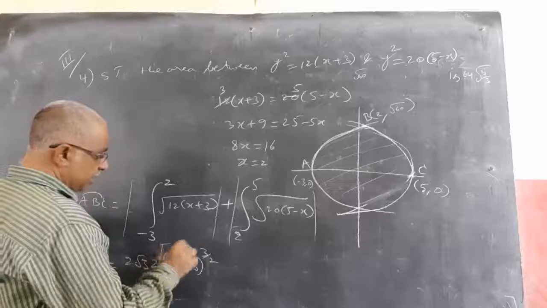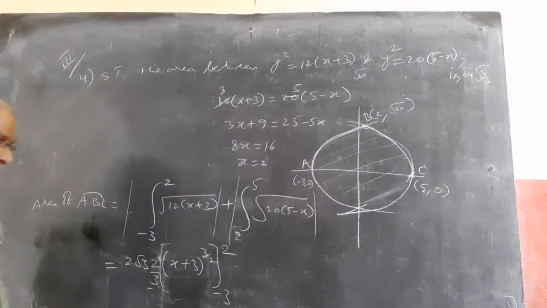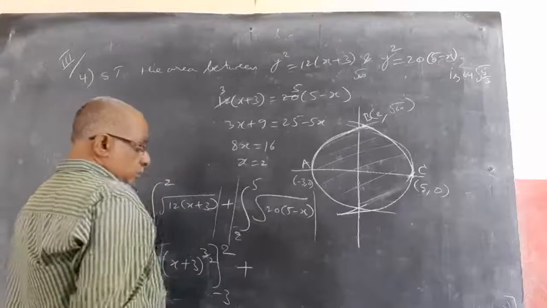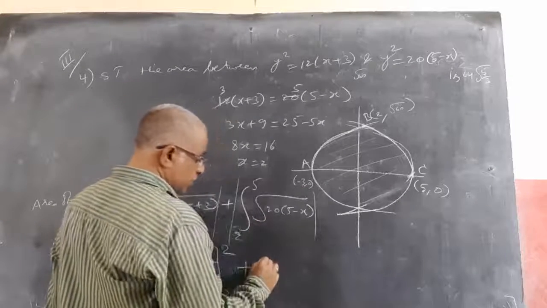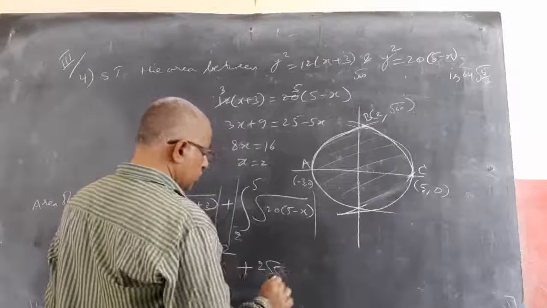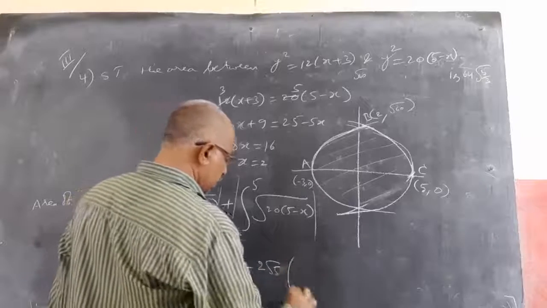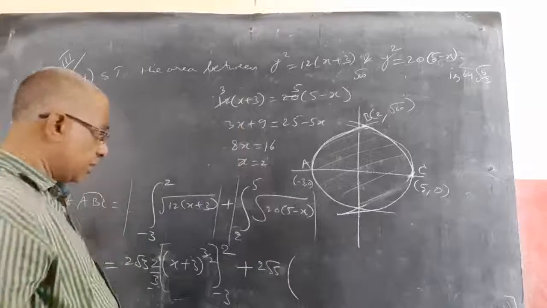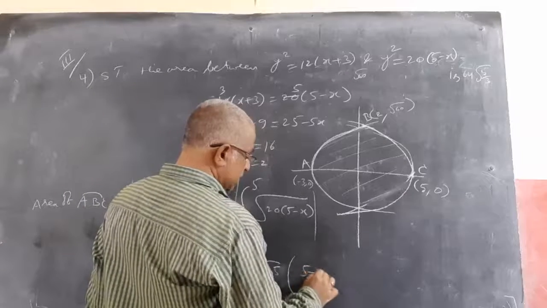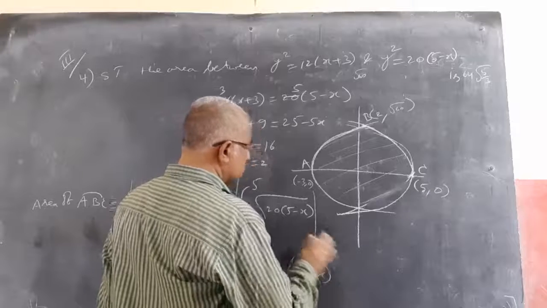So between the limits minus 3 to 2, plus here also root 20 is 2 root 5, into the integral of (5 minus x) whole power 1 by 2.